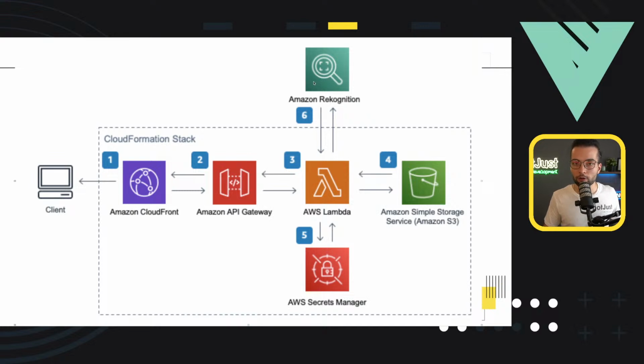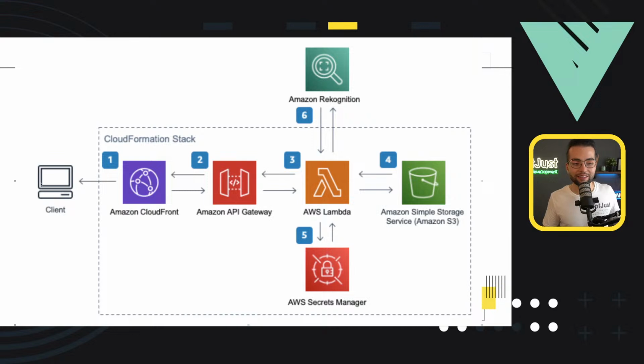If you enable smart cropping or content moderation, it will call Amazon Rekognition to do all of these AI things. Then it will bring it back, write the logs to the S3 bucket, and give it back to the Gateway. The Gateway will send it back to Amazon CloudFront, and CloudFront will give it to the client.